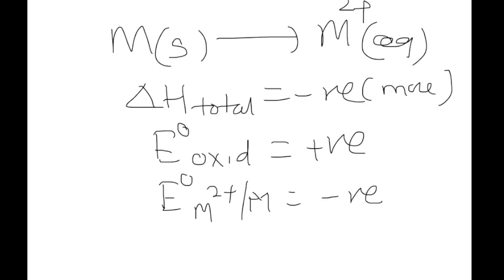Look at here. A metal solid has to first convert to metal gas form, because metal in solid form cannot lose electron directly. First, it has to convert to metal gaseous form.